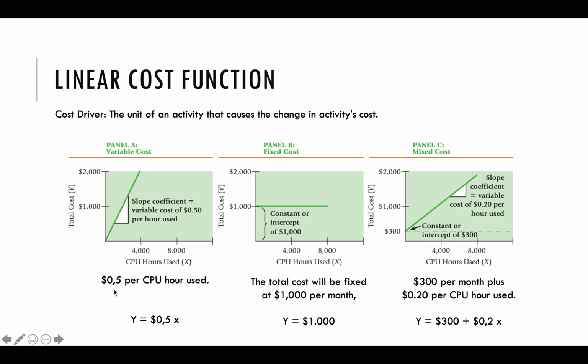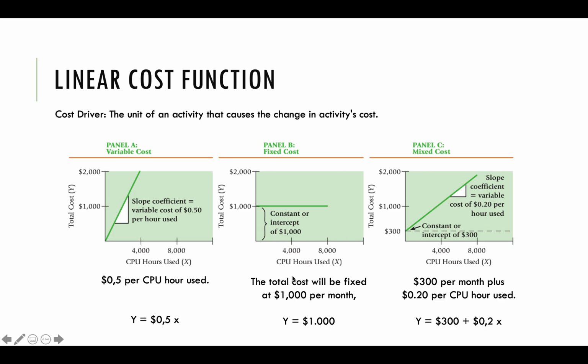By the illustration, the total cost is $0.5 per CPU hour use. So the function here is y equals $0.5 times x. When we put the number in for x, or CPU hour use, say 4,000, we get a total cost of 2,000.